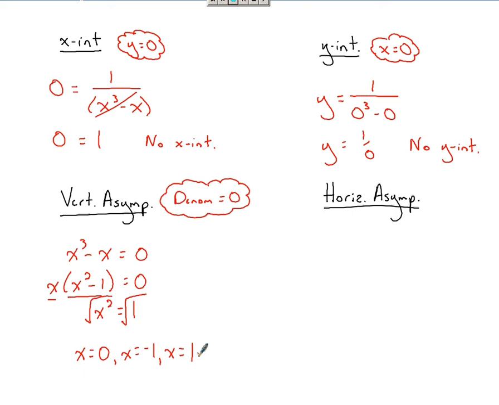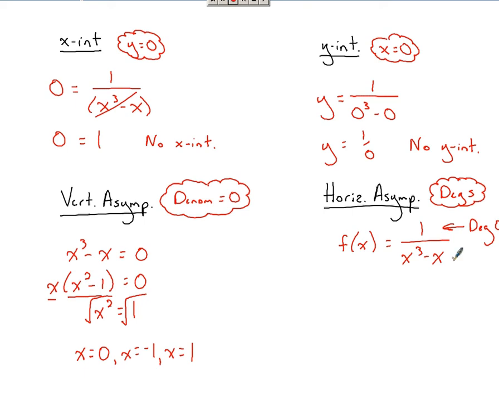As far as any additional guidance is concerned, horizontal asymptote, remember this is where we compare degrees. Degrees in the numerator, degrees in denominator. If you're looking at your original function, that 1 over x cubed minus x, and you look at the degree in the numerator, well, degree in the numerator is what? 0, there's no x.